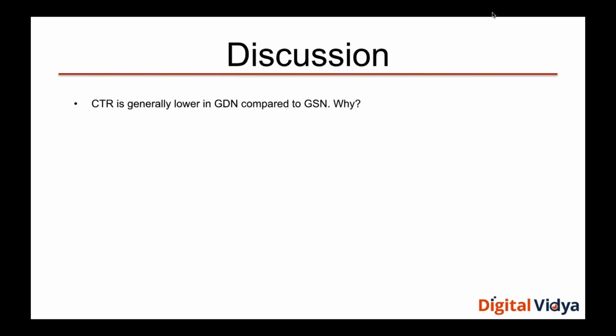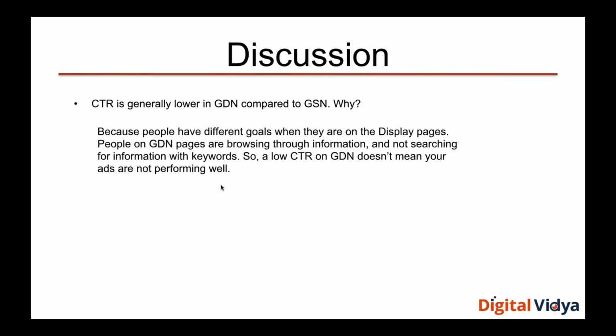Correct. So the answer is it is comparatively lower on display network. Reason being, think about how a user behaves on search and display. If I'm a yoga trainer, when will my ad show up on search network?